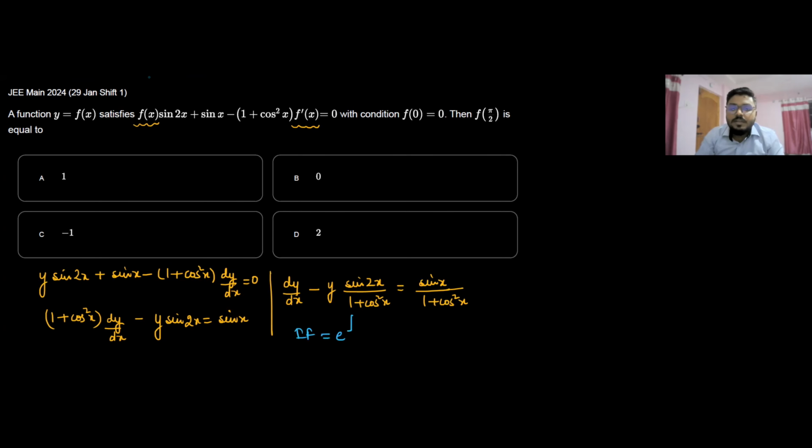So e power integral of minus sine 2x divided by (1 plus cos square x) dx. So derivative of 1 plus cos square will be 2 cos x and derivative of cos is minus sine. So it's minus sine 2x means this integral is e power ln (1 plus cos square x). So integrating factor is 1 plus cos square x.